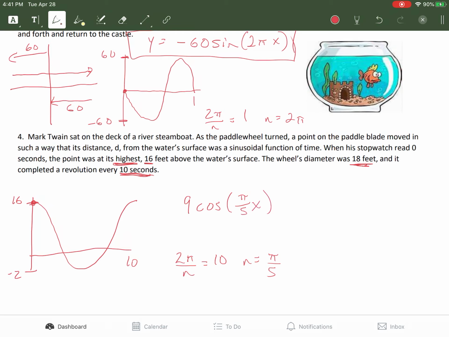Now, the other thing that's weird about this question is that our graph is starting at 16, but our amplitude is only 9. So if we did 9 times 1 plus what number gives us 16? The answer to that is 7. So 9 times 1 plus 7 gives us 16, and that puts the starting point at 16.